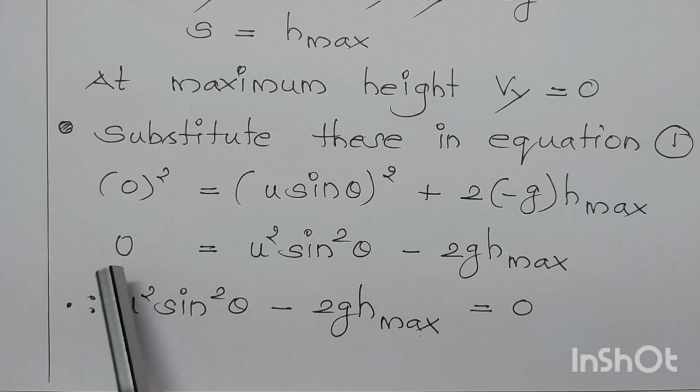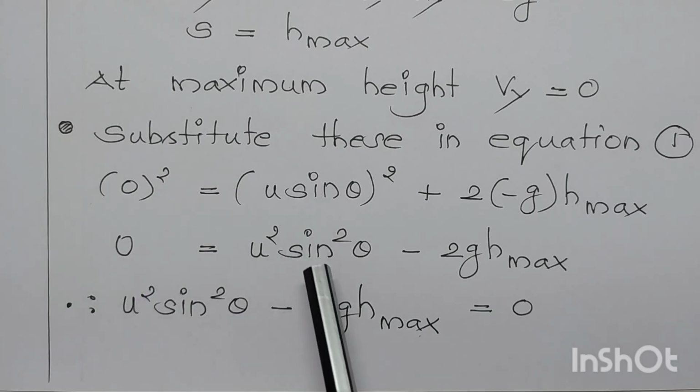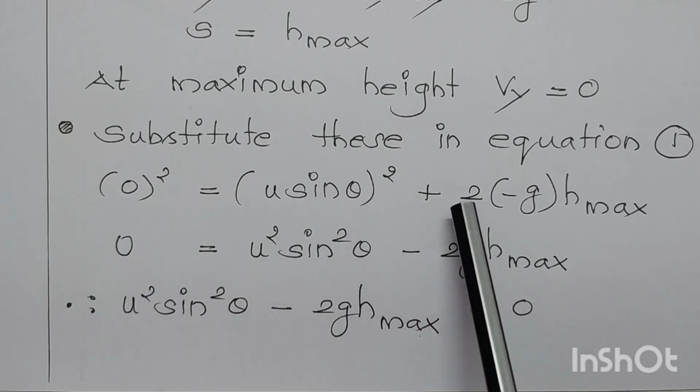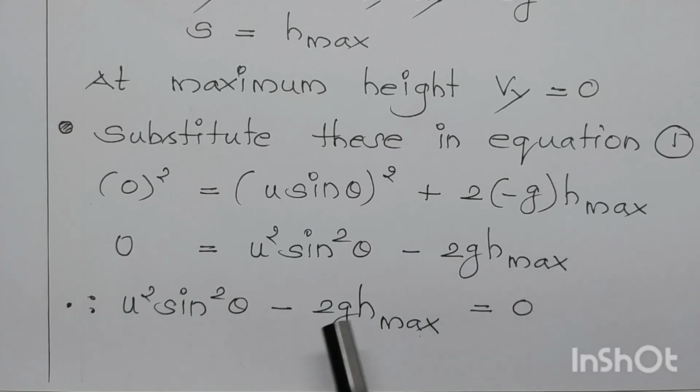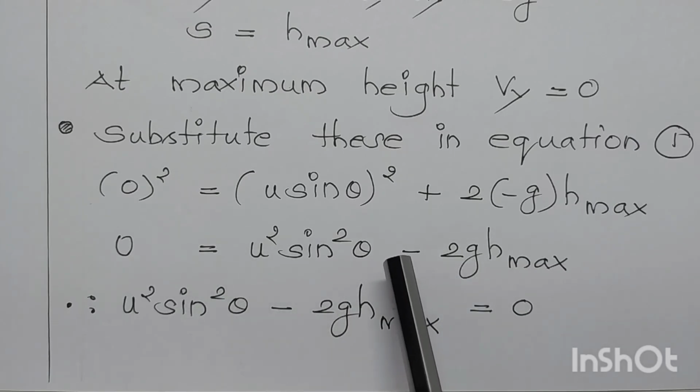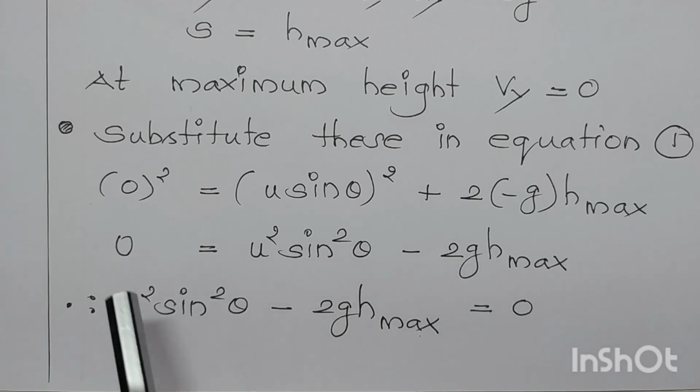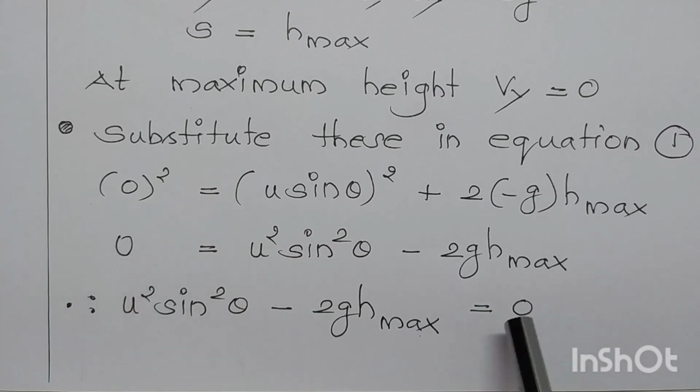In the next step, 0 is equal to u squared sin squared theta, plus into minus 2g h max. Let us rearrange the equation: the right hand side becomes left hand side and the left hand side becomes right hand side. So u squared sin squared theta minus 2g h max is equal to 0.